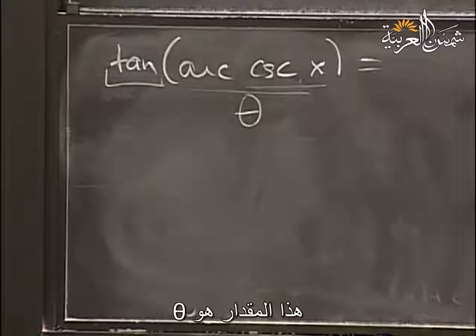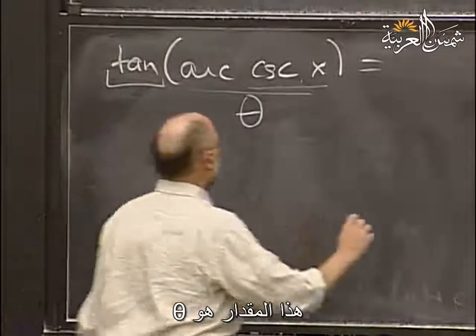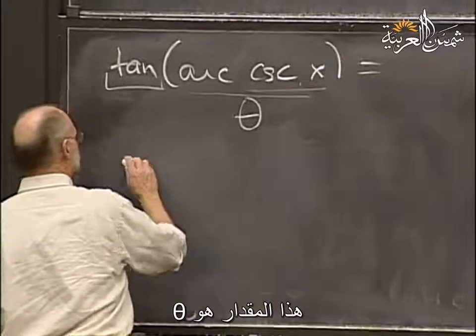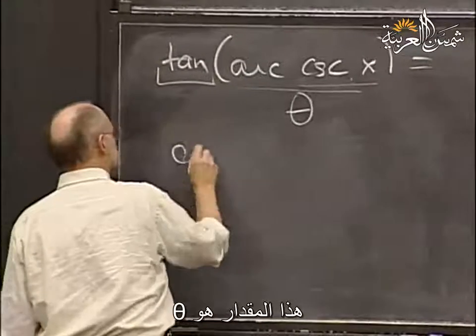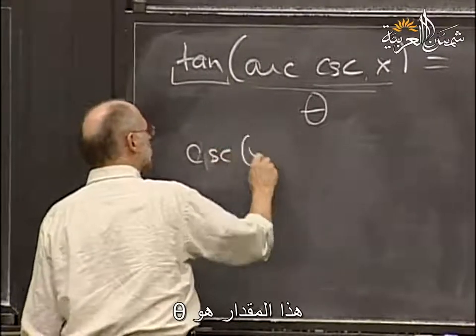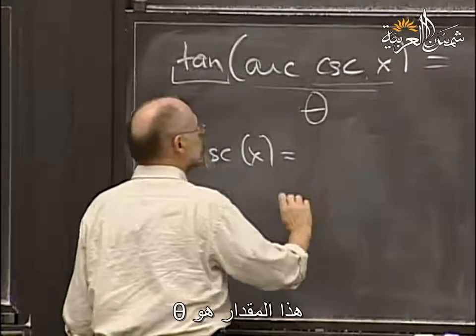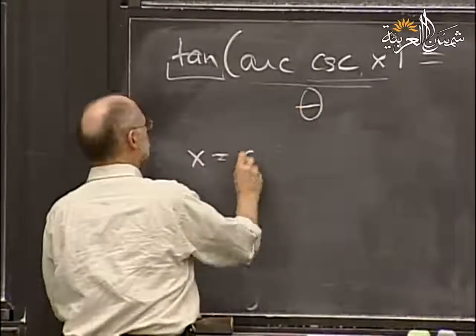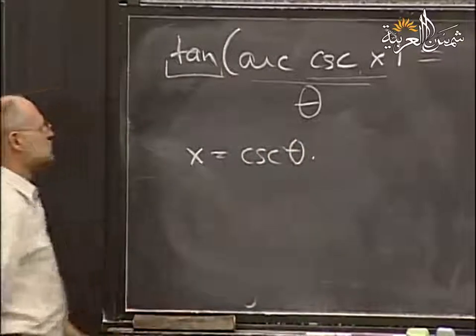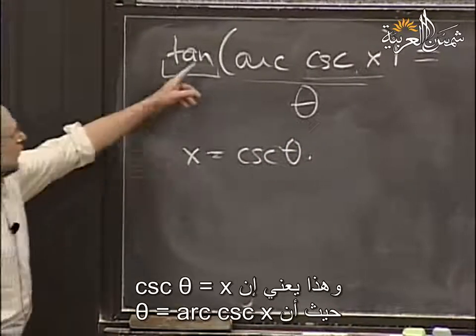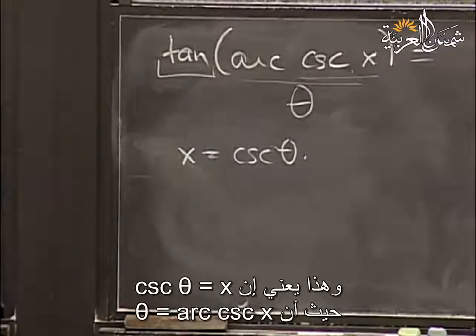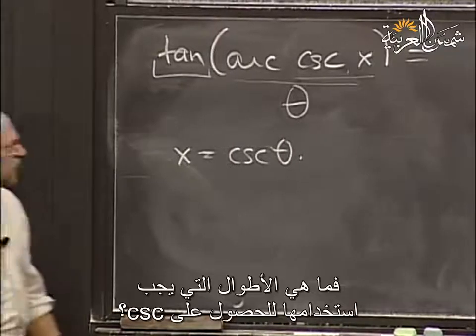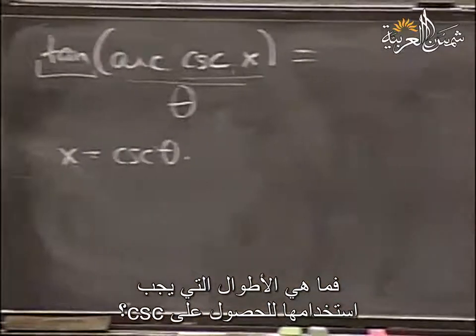So that means the cosecant of theta should be x. Theta is the arc cosecant, so x is the cosecant of theta. So what will I take the sides to be to get the cosecant?